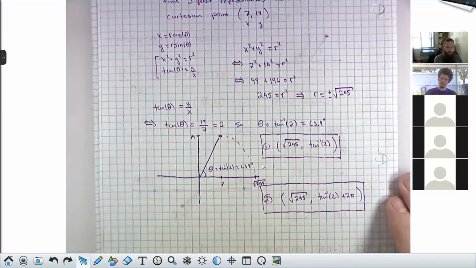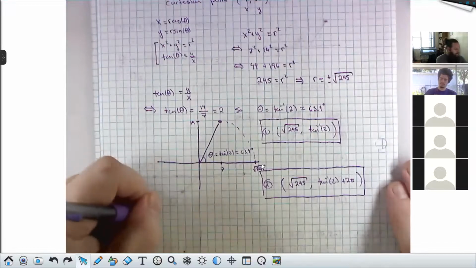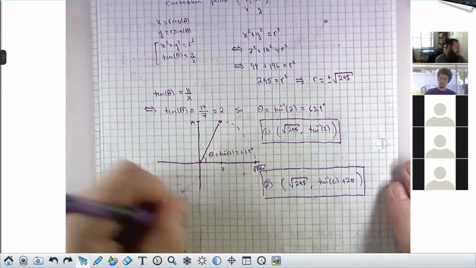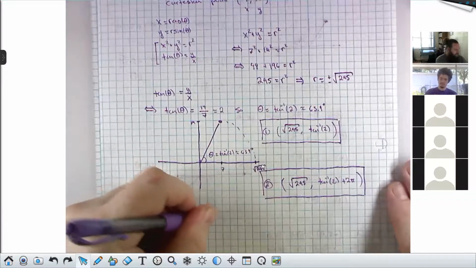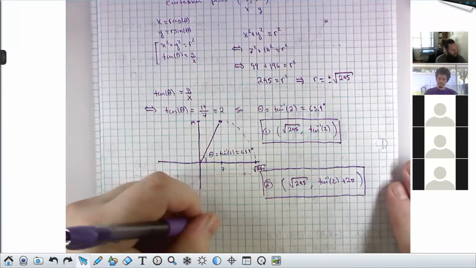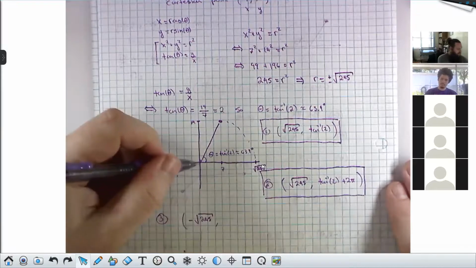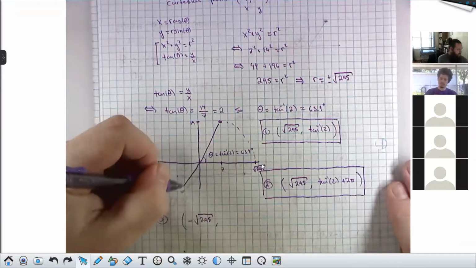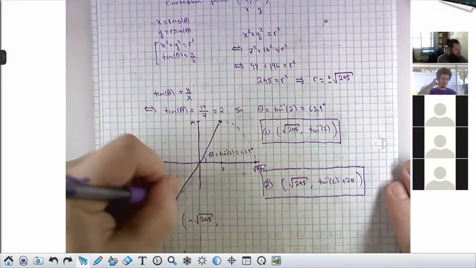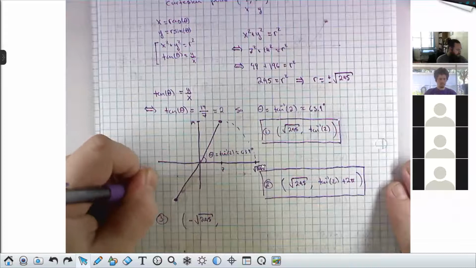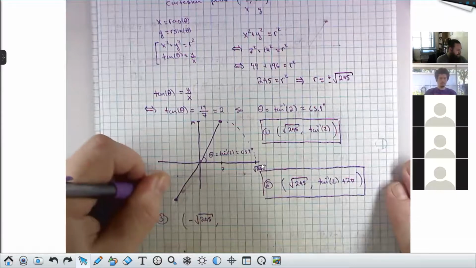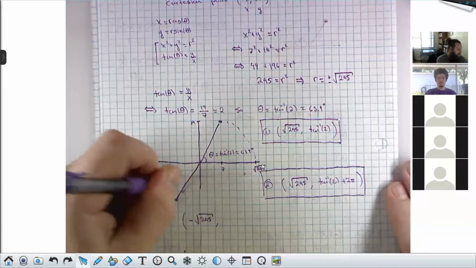A third representation for that point, if I wanted to, I could use the negative version of that radius. That would be negative root 245. Now this point right here would be negative root 245, comma, arctan 2.